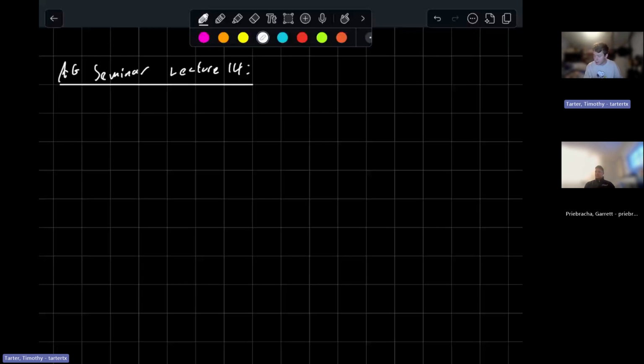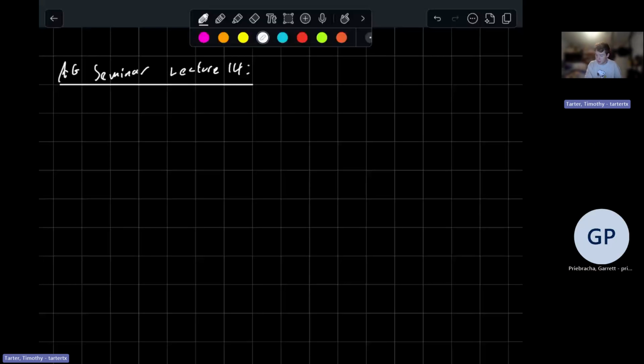So yesterday, we said an exact sequence can be factored into short exact sequences. Let me write down the premise.